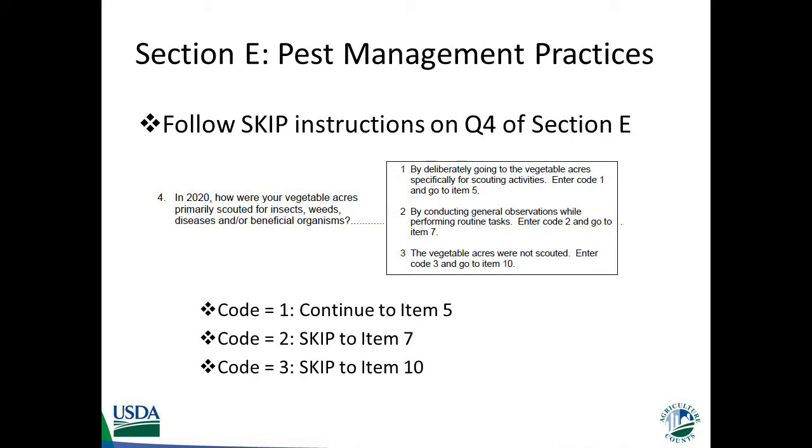If scouting activities were more happenstance, occurring when performing other tasks in the field, you should enter a code 2 in question 4 and skip questions 5 and 6 before continuing on with question 7. If the field was not scouted at all, you should enter a 3 for question 4 and skip to question 10.